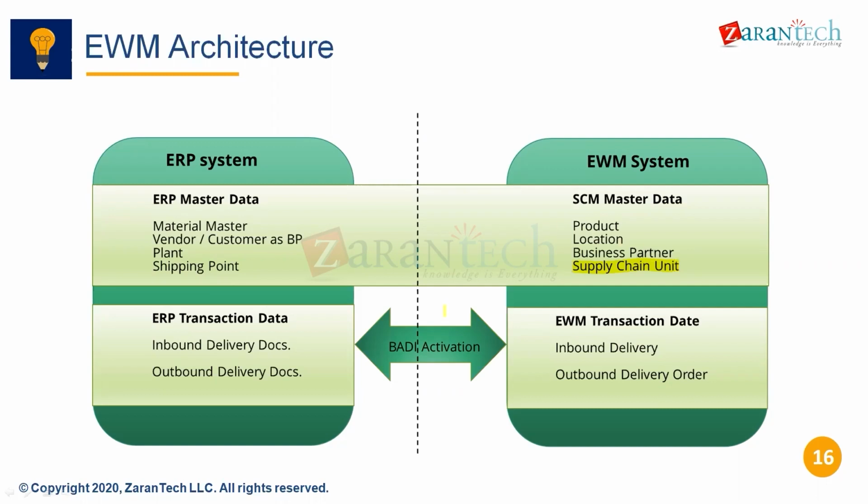So for master data, we don't need to do any more settings with the existing S4HANA framework. It will work seamlessly. It is integrated as one product. But for transactional data, it still behaves differently. SAP is still in the process of thoroughly embedding EWM into ERP.